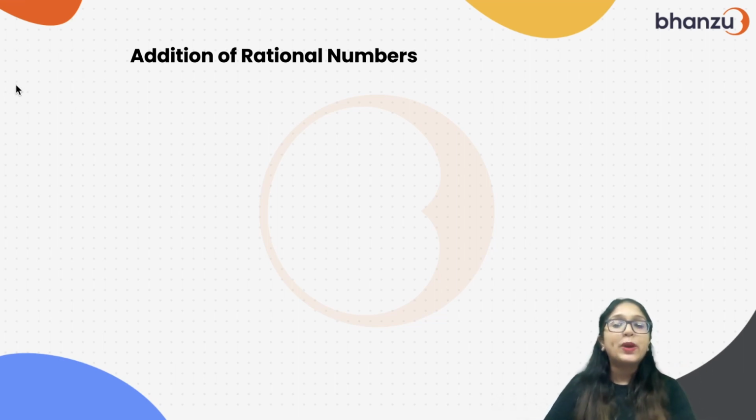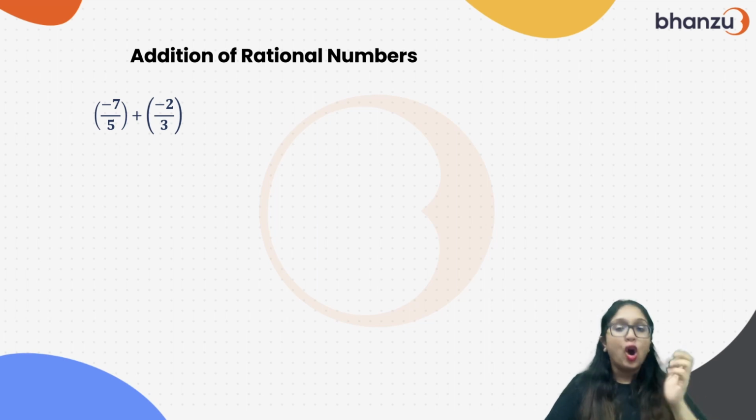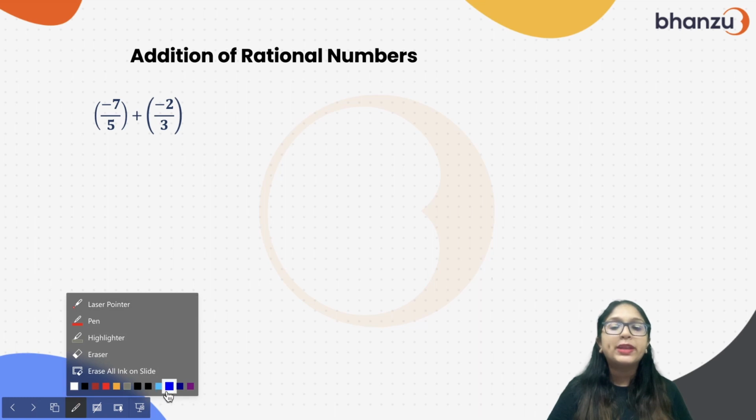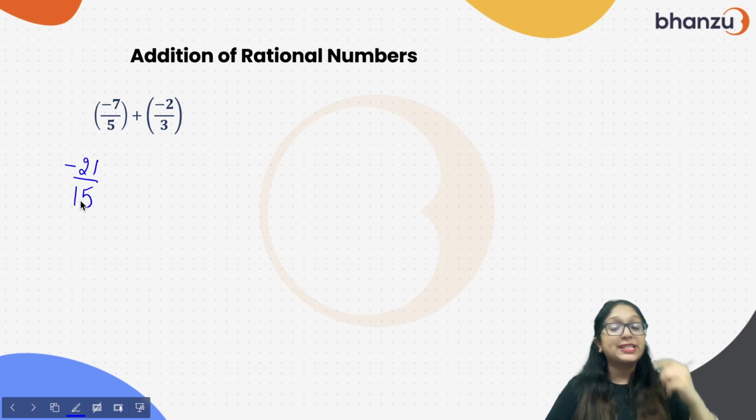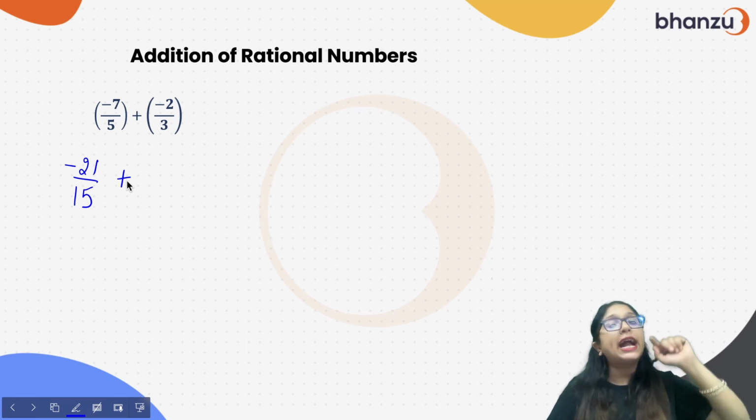Let's see. The question for you is minus 7 over 5 plus minus 2 over 3. How will you solve it? Let's quickly check. First of all, what do we want in the denominator? We want the LCM of 5 and 3, which is 15. So let's quickly make it. This is going to be minus 21 over 15 because I am multiplying the numerator and denominator by 3. Okay, and then what about the next fraction? Here I need to multiply the numerator and denominator by 5, right?